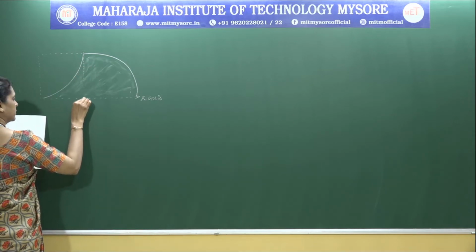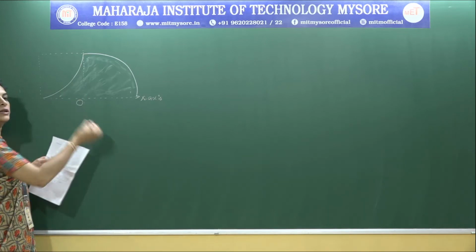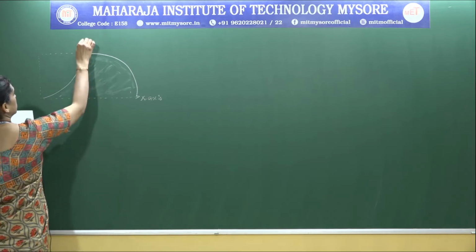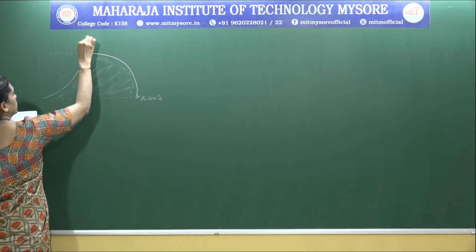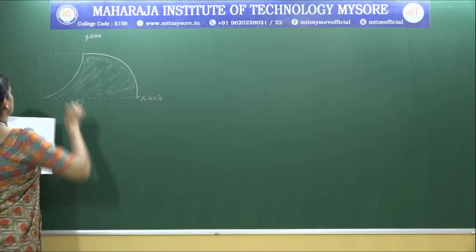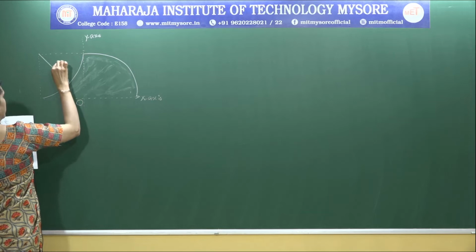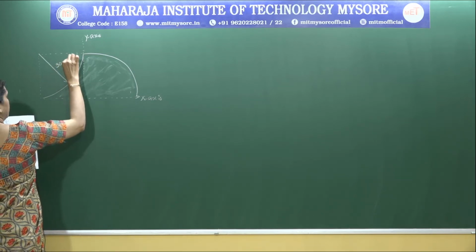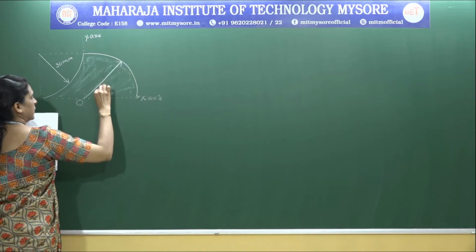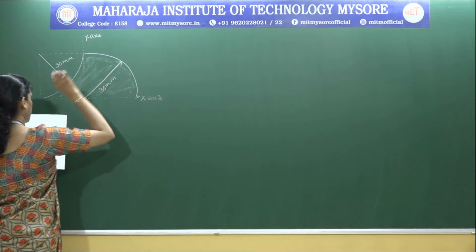We shall mark the origin. The origin is mentioned in the lamina itself. The radius of the quadrant is 30 mm. Again, the radius here is 30 mm.